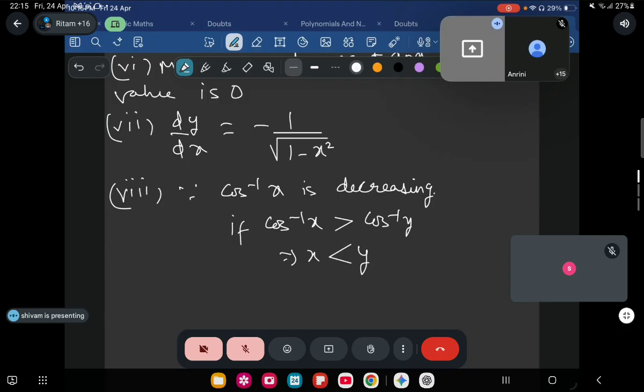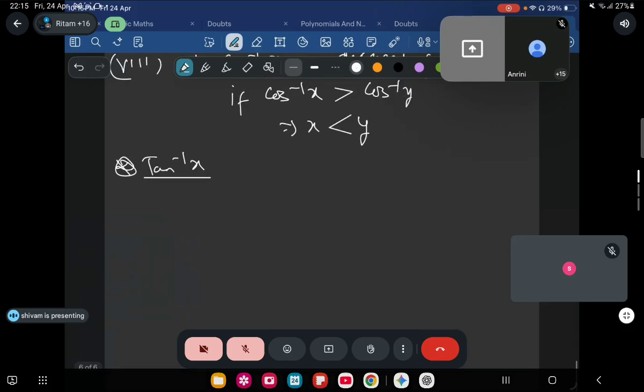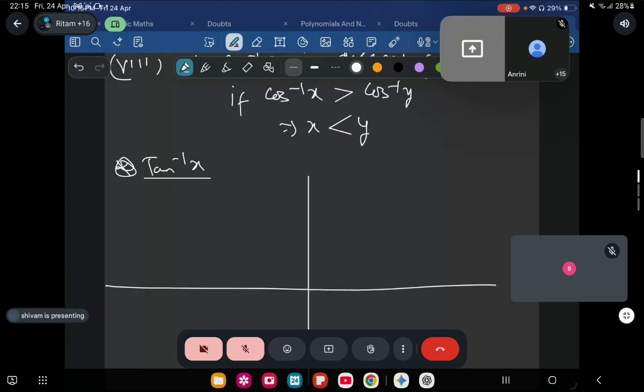Okay, next. Our next graph is tan inverse x. Graph, domain, and range is very important for all the trigonometric functions. Everything depends on graph of ITF. I mean, the whole chapter is dependent on the graph of basic ITF. Next. So I'm going to draw the graph of tan x first.